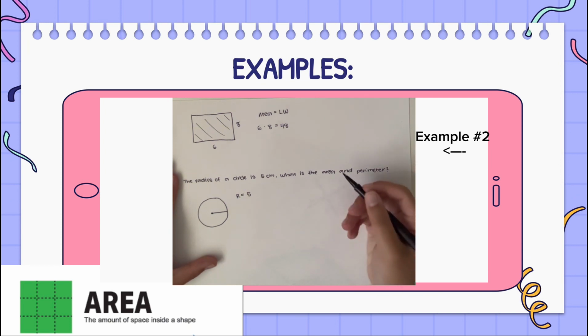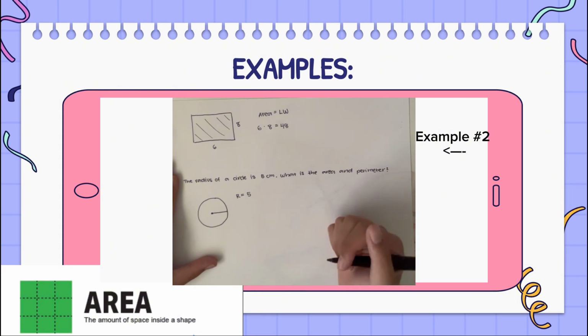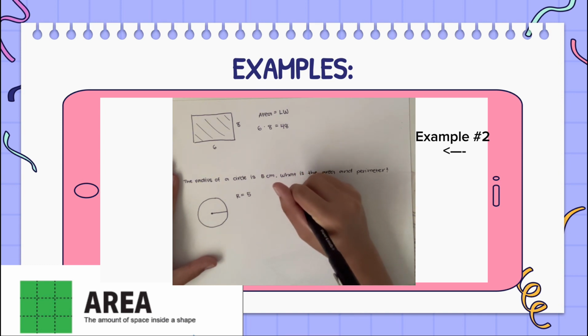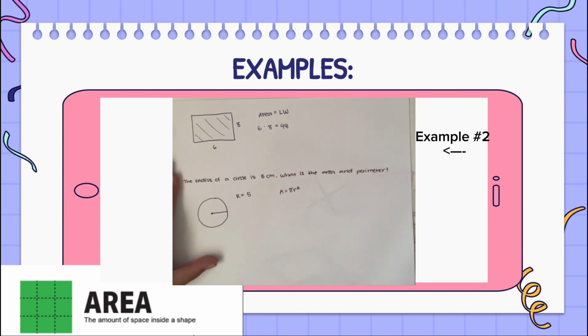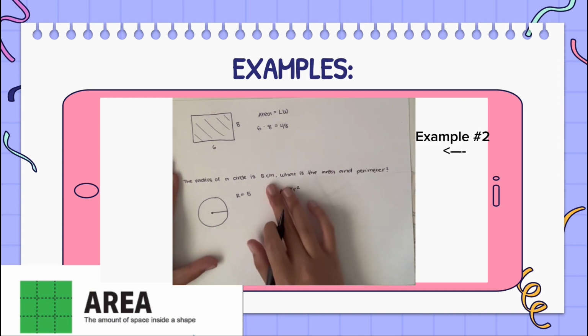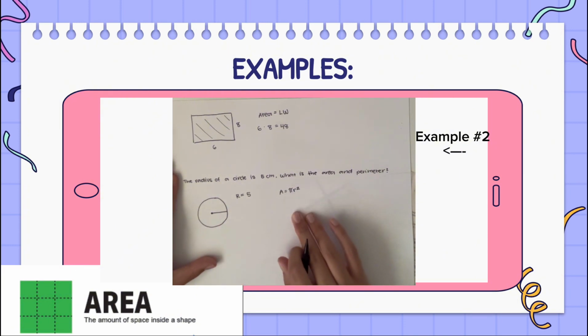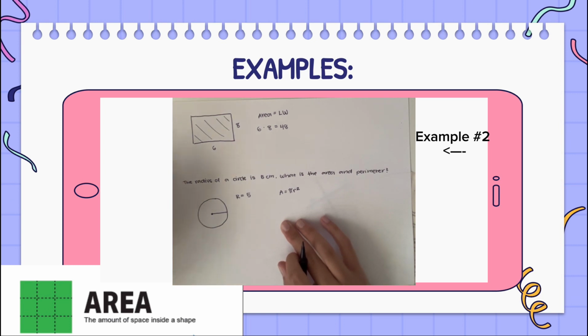The problem is asking to find the area of a circle, and there is a formula. The formula for the area of a circle is pi times radius squared, and that's how we find the area, by plugging it in. We know that the radius is 5, so 5 squared is 25, times pi.